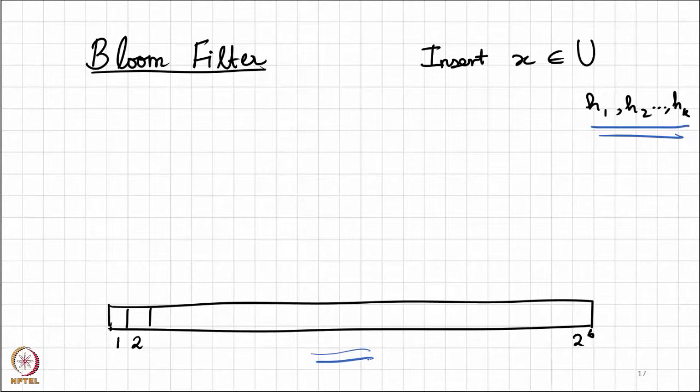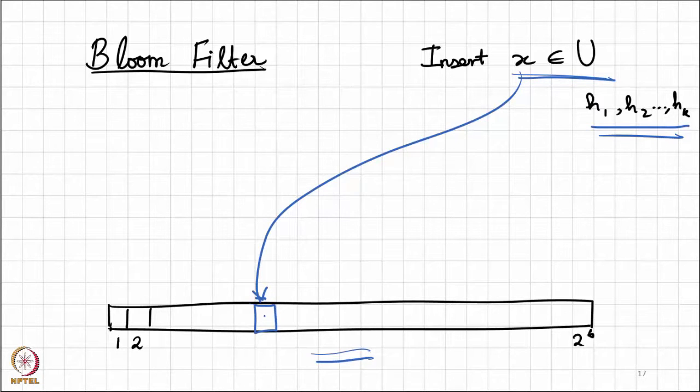Now, every time a new item shows up, and here we have item x drawn from the universe, here's what we do. We take the item x and hash it using each one of the k hash functions. Let's say h1 of x leads us to this location, so we place a 1 in that location.